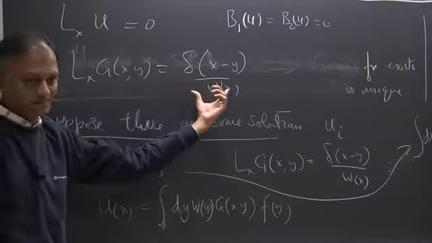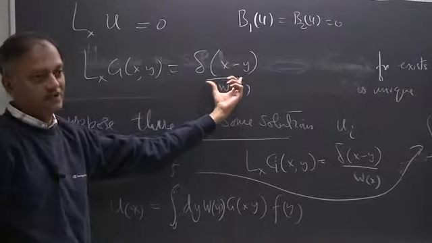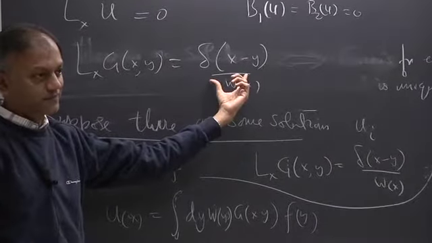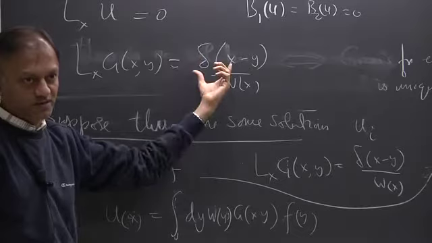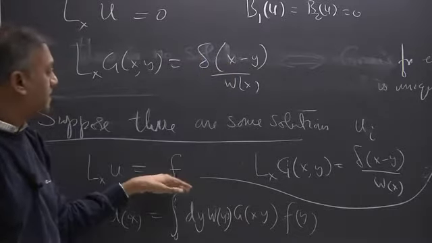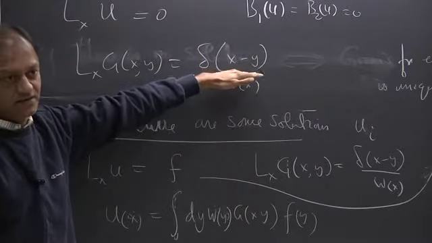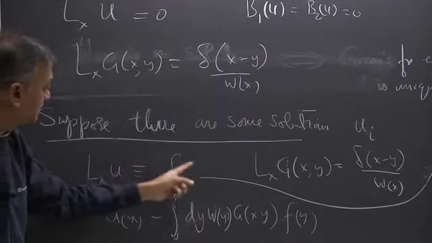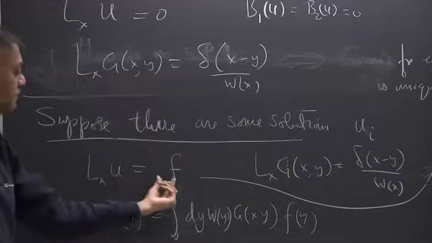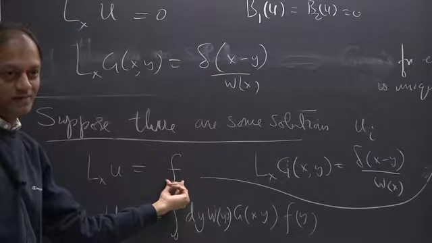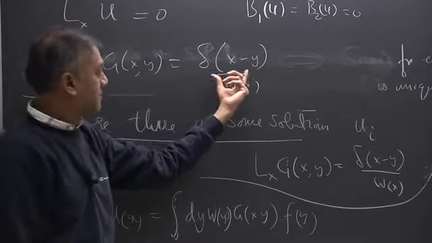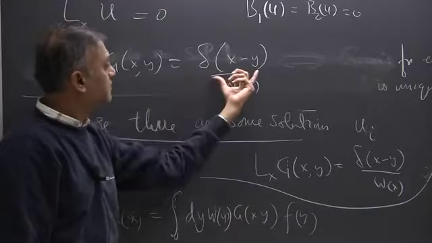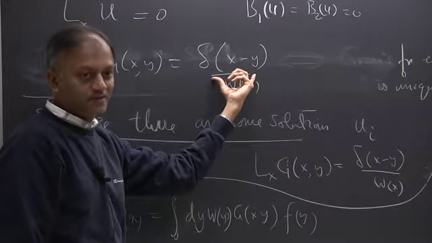There is an inhomogeneous term. Instead of f, you have this delta function, right. So it's again an inhomogeneous equation, except the right hand side is not an arbitrary function, it's a Dirac delta function divided by the weight function. But we have already seen that a solution can exist only if this f is orthogonal to Vi. That means this solution could exist only if this was orthogonal to Vi, right.